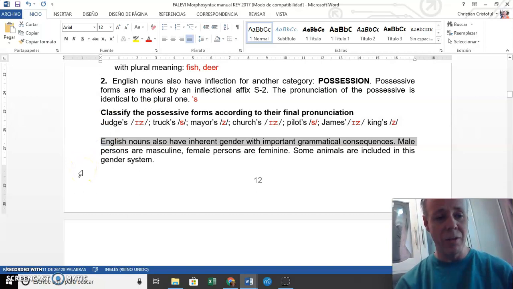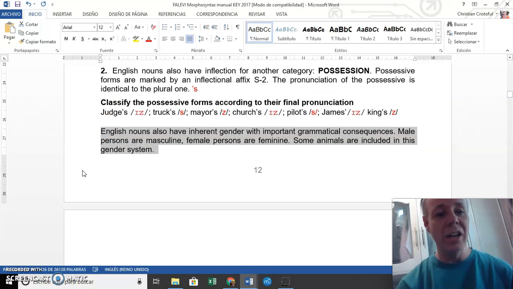What else does it say? It says English nouns also have inherent gender with important grammatical consequences. What does it mean? It means that there is no suffix that shows gender in English. For example, a female cat is not kata or kato.